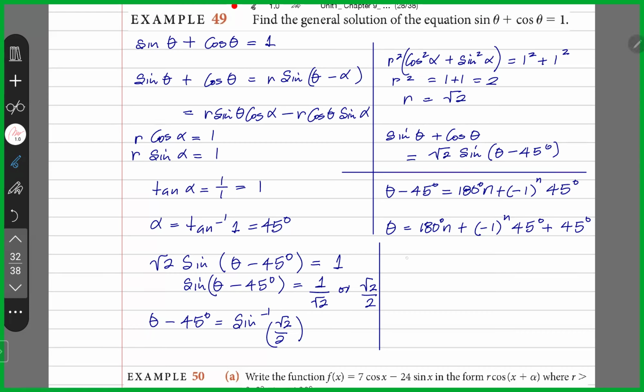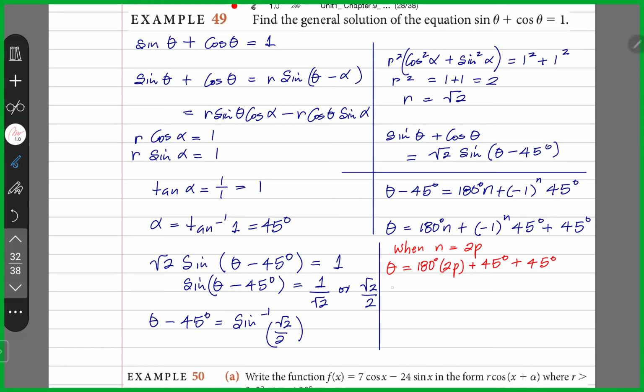So first, when n is even, let us say n is equal to 2p, I'm going to get theta is equal to 180 times 2p plus 45 degrees plus 45 degrees, because when n is even, minus 1 raised to an even power becomes positive.